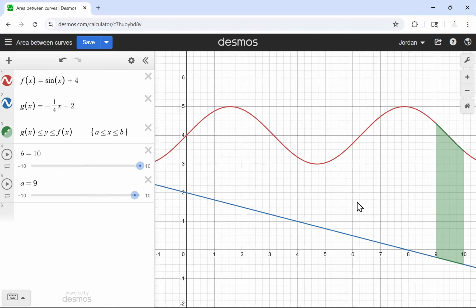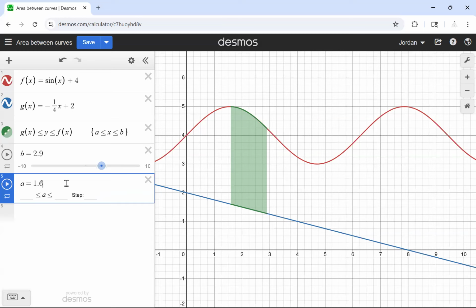What I am going to do in order to find any of those is look at the section and find the signed area for the red curve, and find the signed area for the blue curve. So let me go ahead and do that. We're going to go from 0.